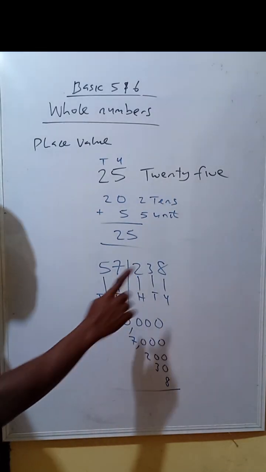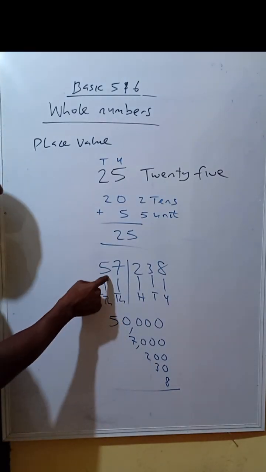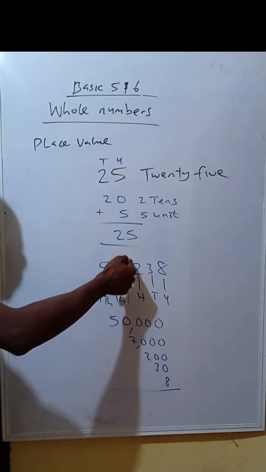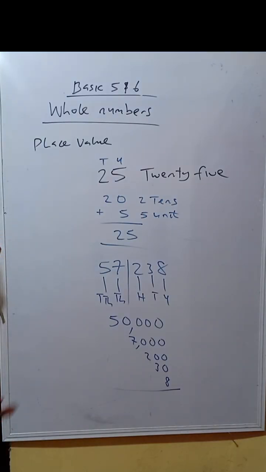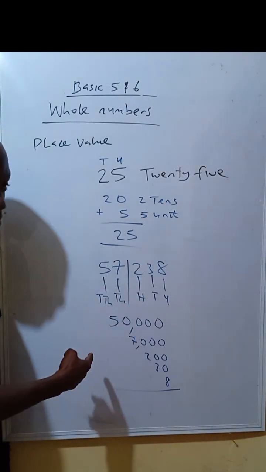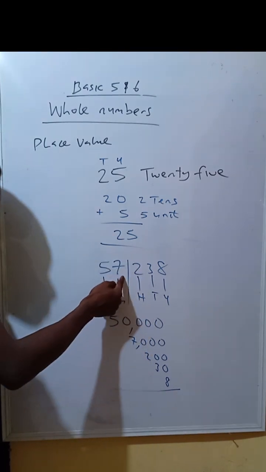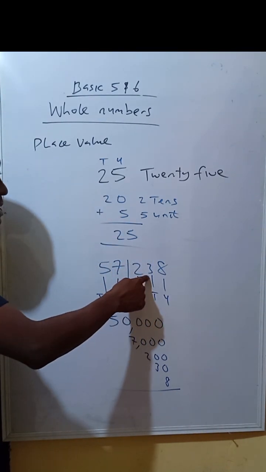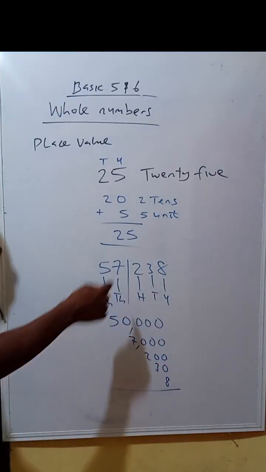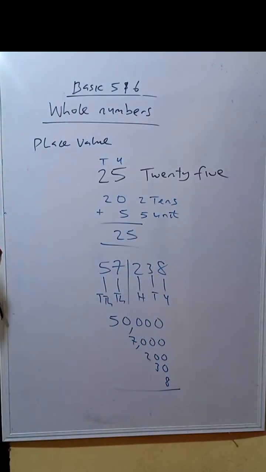So if we are to call this number, we will call it this way: 57,000, because of this demarcation, this comma. 57,238.